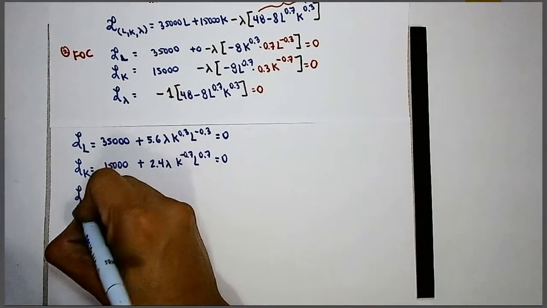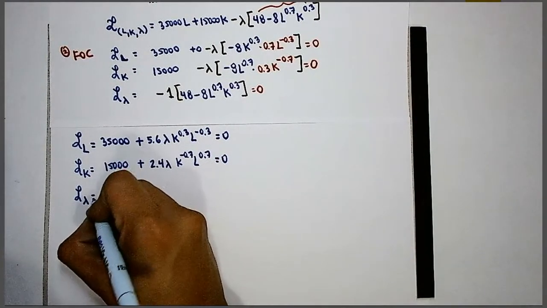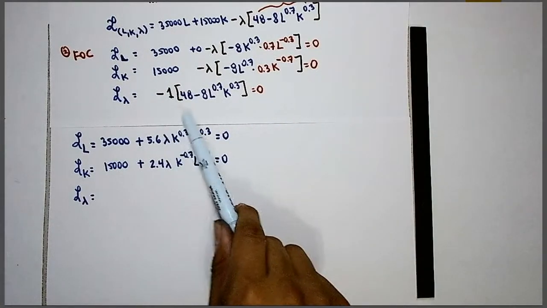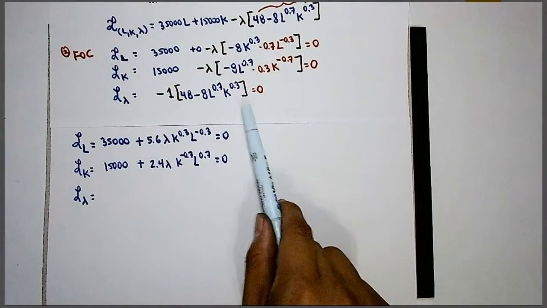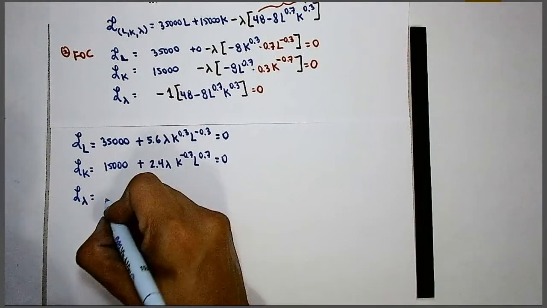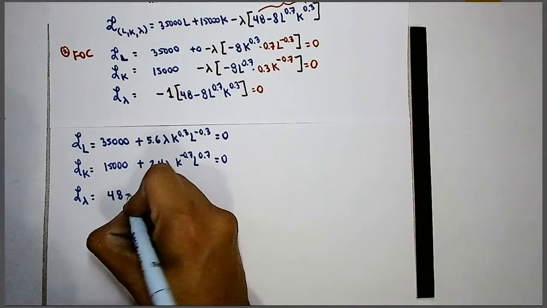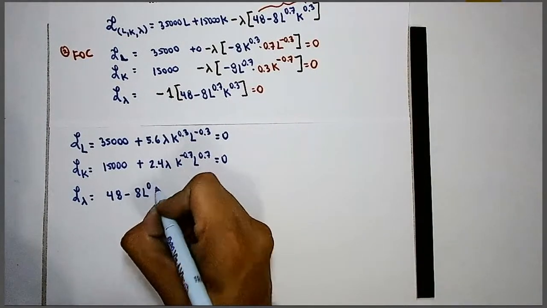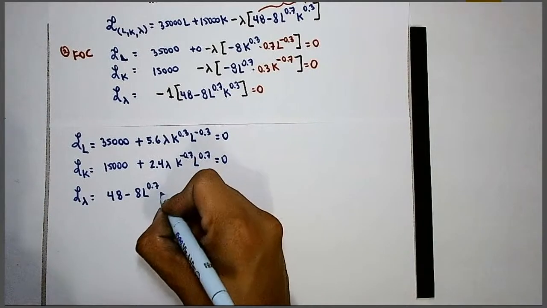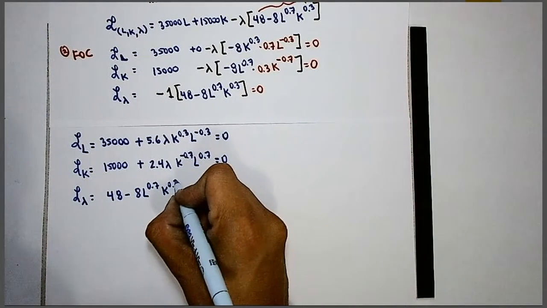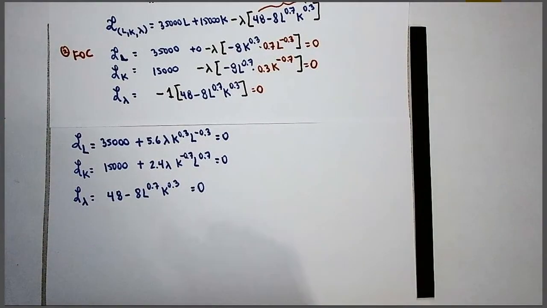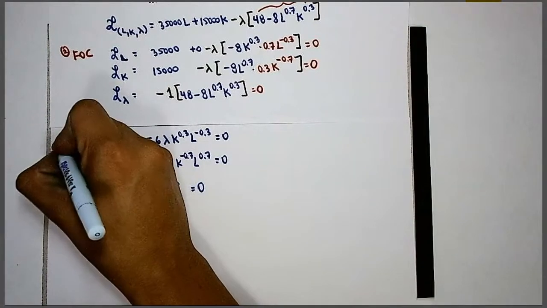And finally, for the Lagrange with respect to lambda, we can multiply everything by minus 1, and we obtain 48 minus 8 times L to the 0.7, K to the 0.3, equal to 0. So here we have three equations.